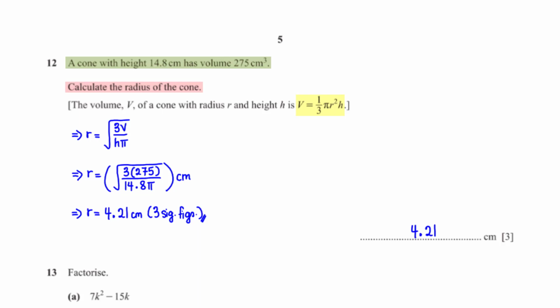So when we make r the subject, this is what we get. The volume V of the cone has been given as 275 centimeters cubed, and the height h of the cone has also been given as 14.8 centimeters. When we type this into the calculator, we get 4.21 centimeters, rounded to 3 significant figures.